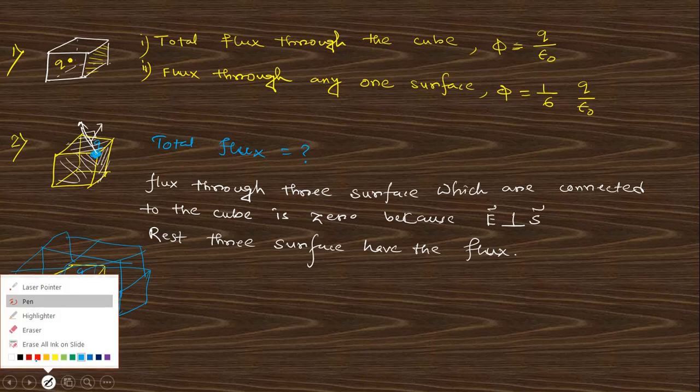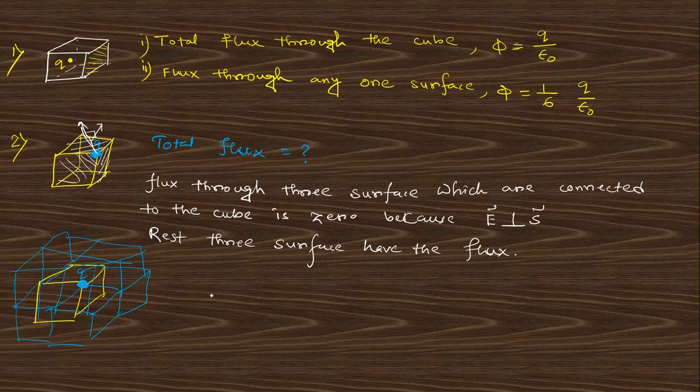At that surface we can find the electric flux. From this surface, the flux is 1 by 6 into q by epsilon naught. Within this big surface, which contains q, this is 1/4, and there are 3 surfaces like that. So you find 1/8 q by epsilon naught, right?